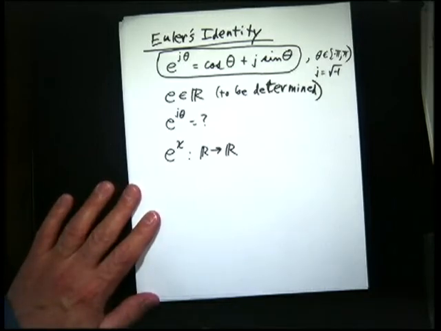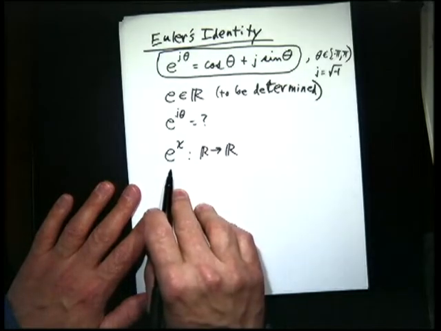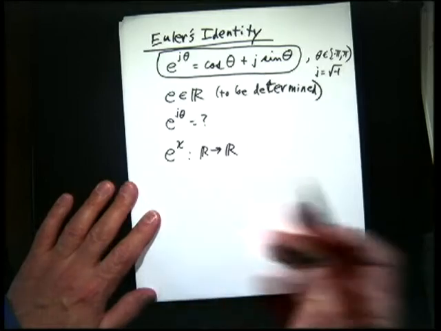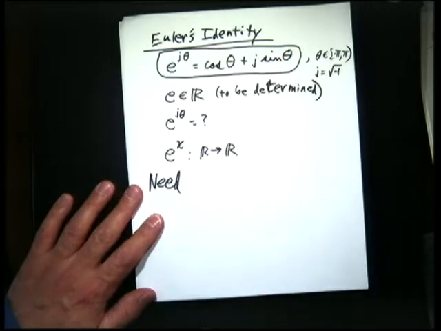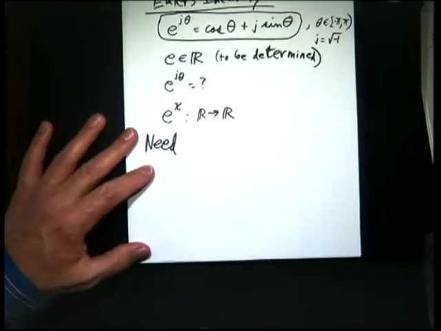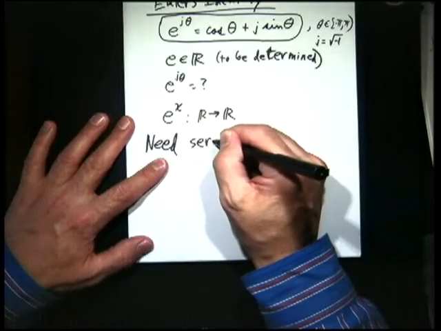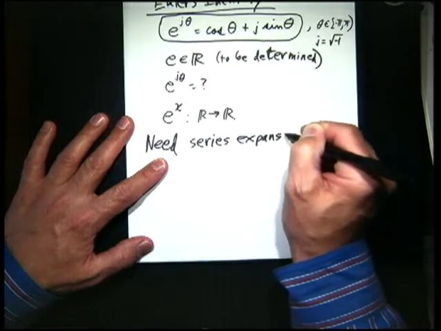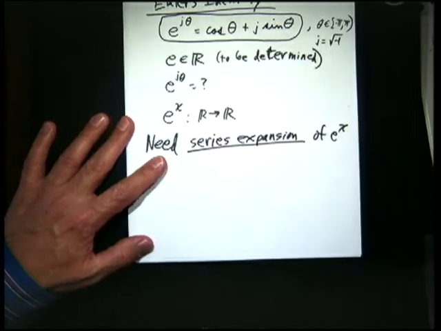We need the Taylor series expansion. We need to basically expand this function as a polynomial in x, because polynomials are well defined. Polynomials are just of the form, let me write it down and then say that. So we need the series expansion of e to the x.